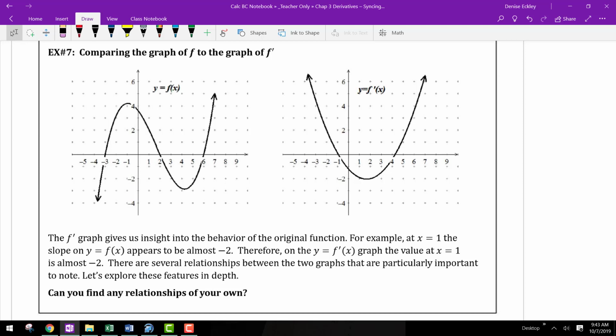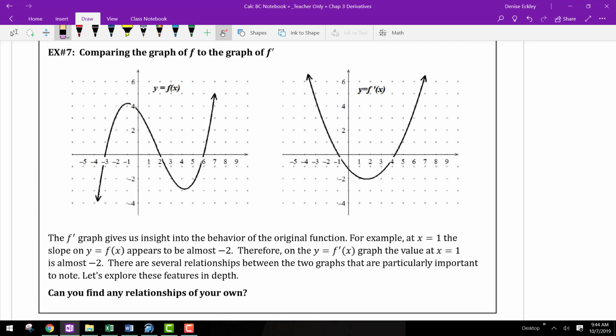And then, if you look on the f prime graph at x equals 1, you can see that it is almost -2 right here. Okay, there's several relationships between the two graphs that are particularly important to note. Let's explore these features in depth. It says, can you find those on your own? And I'm just going to go through with you guys and do that.